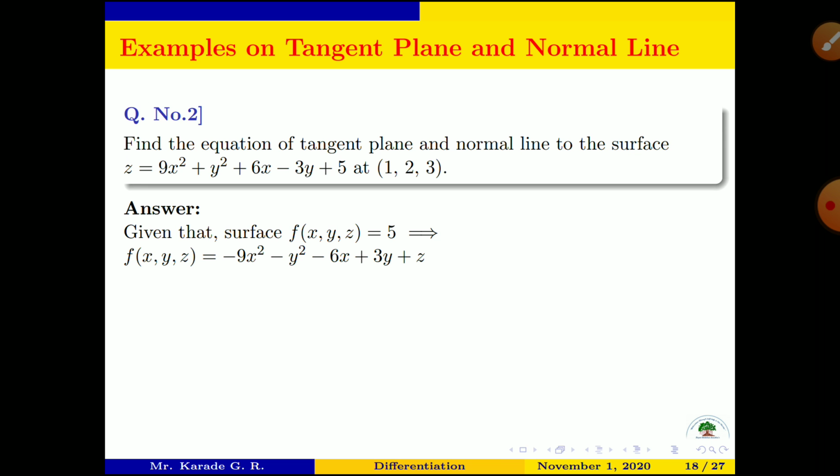Given the surface, f of x comma y comma z is equal to 5, therefore f of x comma y comma z will be equal to minus 9x square minus y square minus 6x plus 3y plus z. So that is our function f.